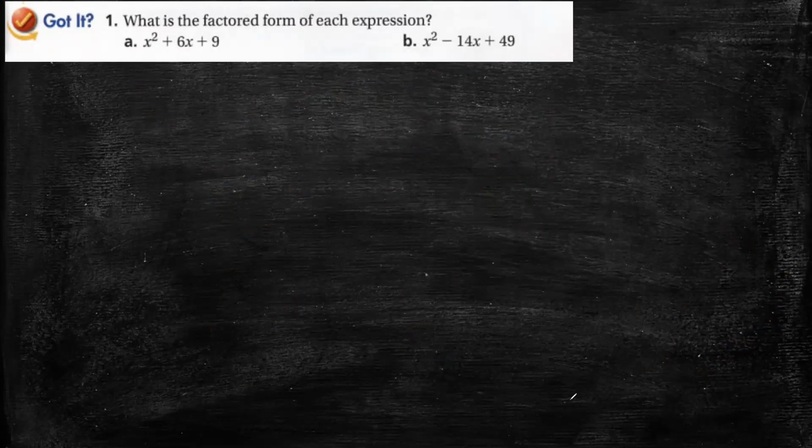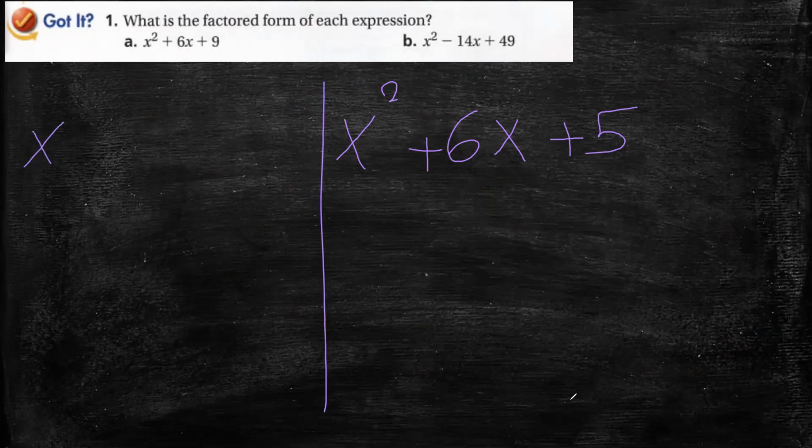Now, what if you ask me, teacher, if I have x squared plus 6x plus 5 as an example? You have this one and you have this one. Look at the second one here. I will look at the first one and the second one.